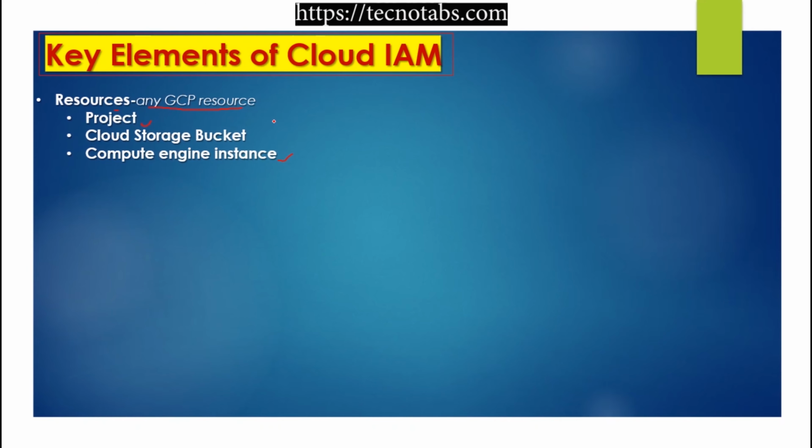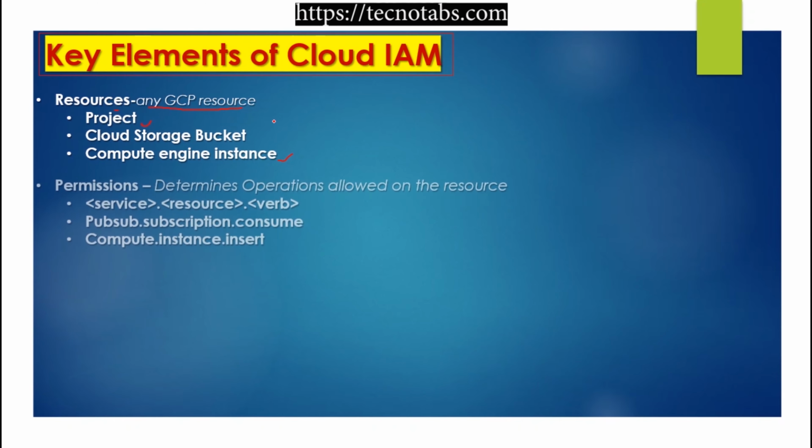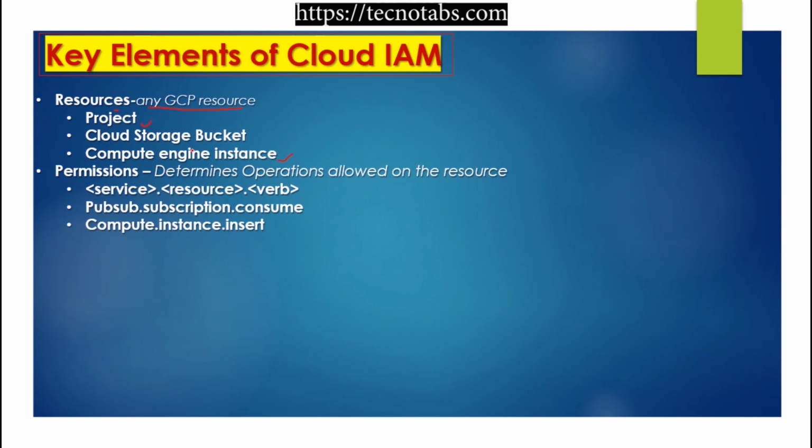And to manage these resources we need a set of permissions. A permission determines the operations allowed on the resource. What kind of operations you can perform on these resources is determined by these permissions, and these permissions have a certain nomenclature, that is, they are defined in such a way: service.resource.verb.